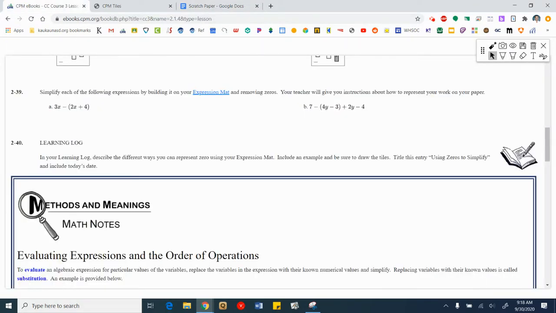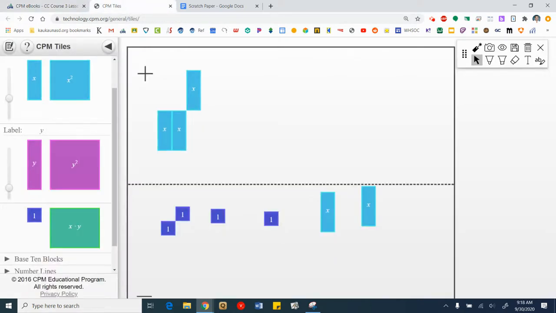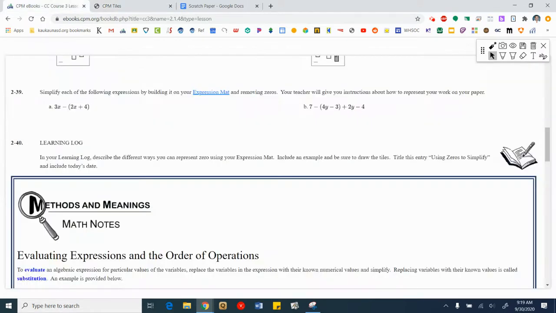I've built it, I've written it on my paper. What are some ways that we can simplify here? Let's think about opposites. If I want to distribute this negative, that'll give me 3x minus 2x plus 4.